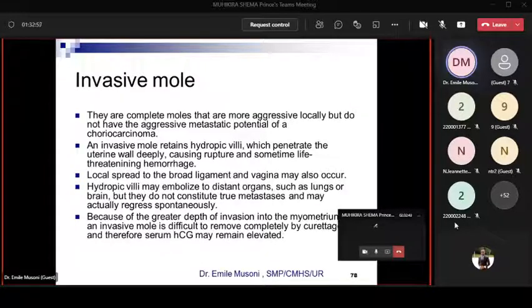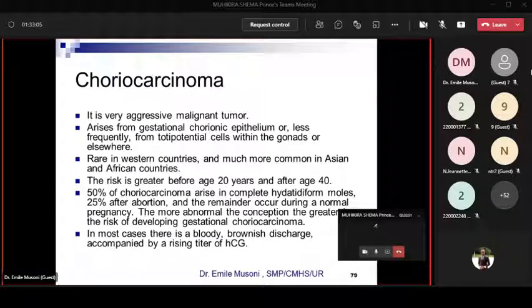If it's still elevated, please make sure that you are not dealing with an invasive mole. Another one, a malignant one, is choriocarcinoma. In that case, you don't even see the chorionic villi, you see just a tumor.